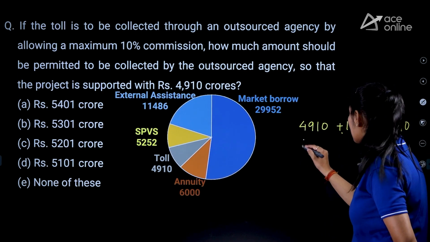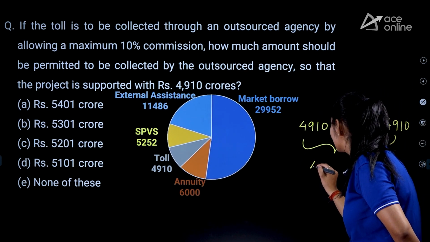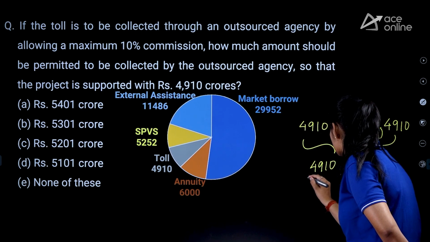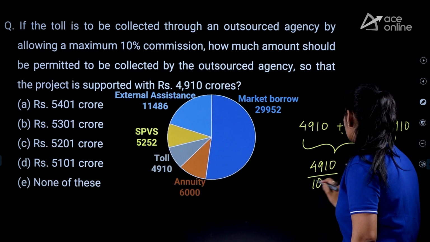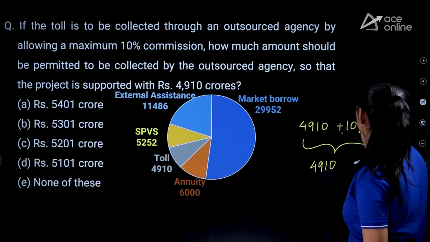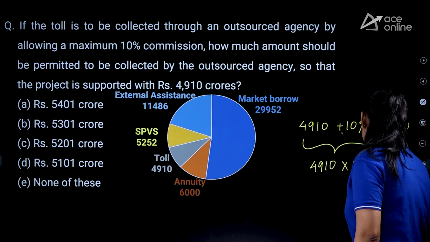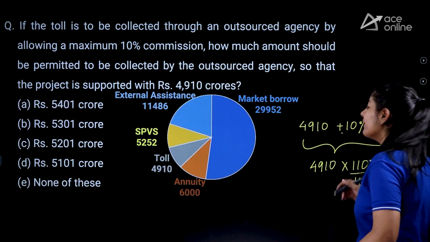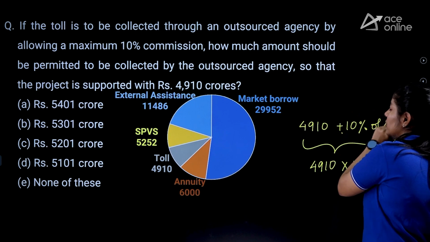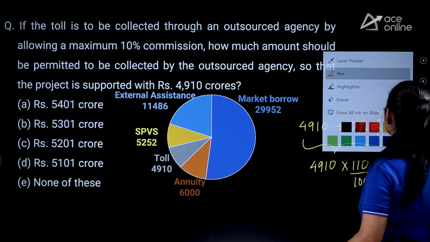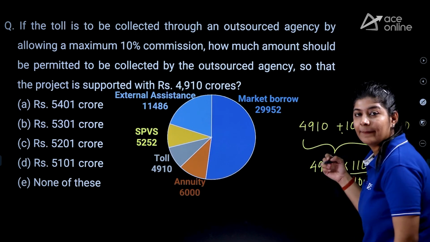So in the combined format we have to find out the value of 110% of this, because the agency is taking this much amount, and over this they are also taking 10% commission. So we have to add the commission value.